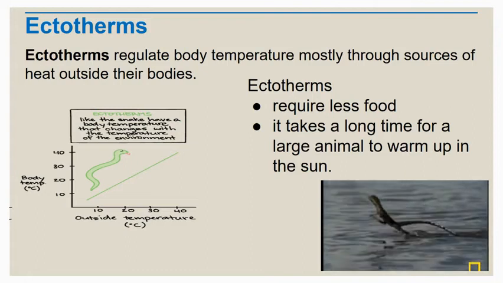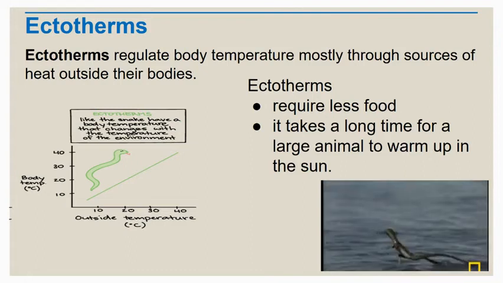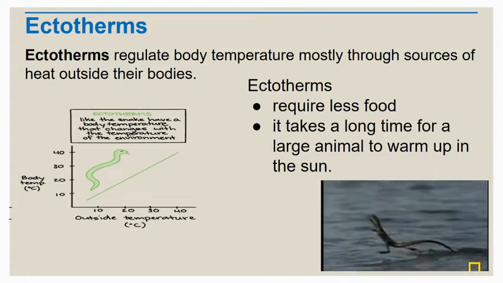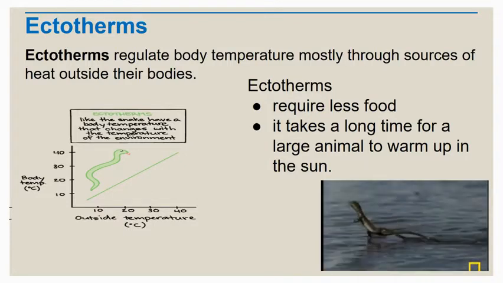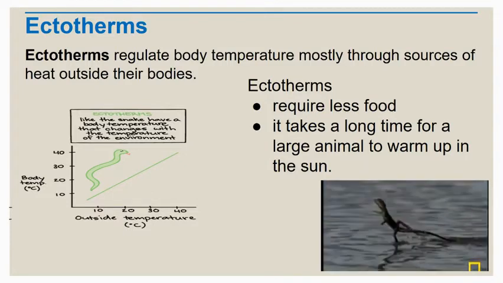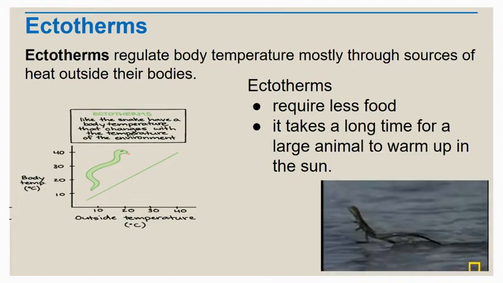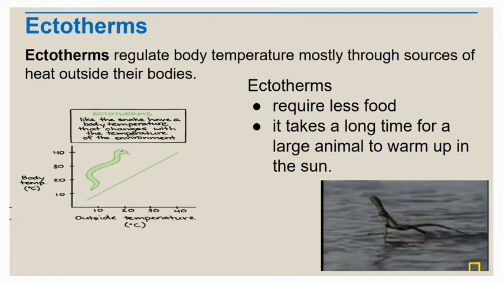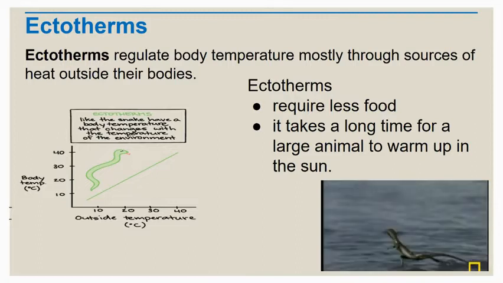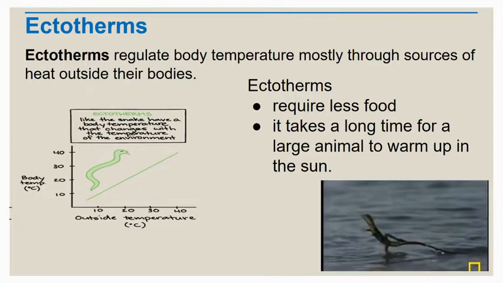The first one we're going to look at is what are called ectotherms. Ectotherms mainly regulate their body temperature through a source of heat outside of their bodies, meaning the environment. So they use the environment to help regulate their body temperature.